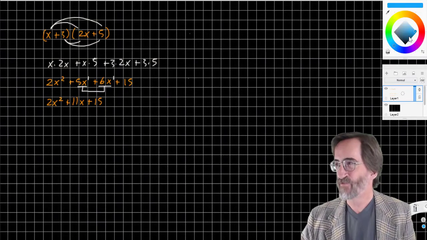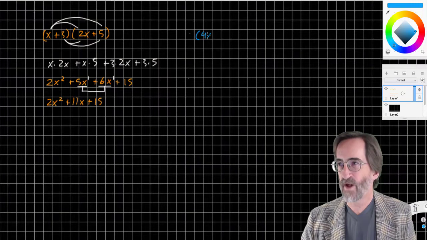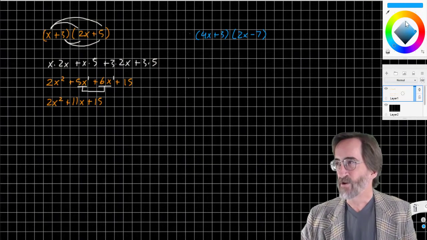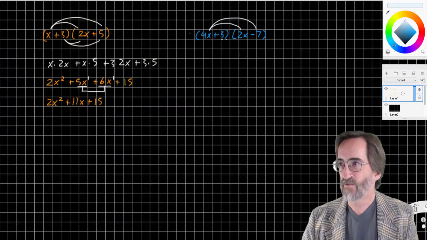Let's try another. Okay, let's do 4x plus 3 times 2x minus 7. I'm going to distribute the 4x to the 2x and to the 7. And then I'm going to distribute the 3 to the 2x and the 3 to the 7.